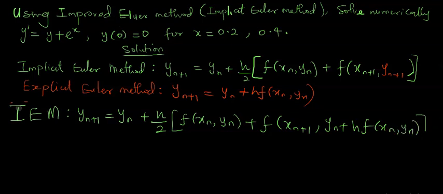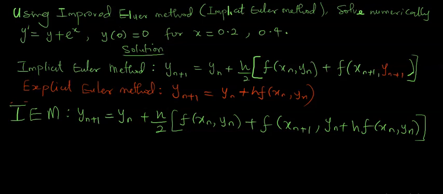What I've just done is substitute the explicit Euler back into the implicit to have this. You can as well use this one: just first find yn plus 1, put it in that, then you compute it and have this like that.